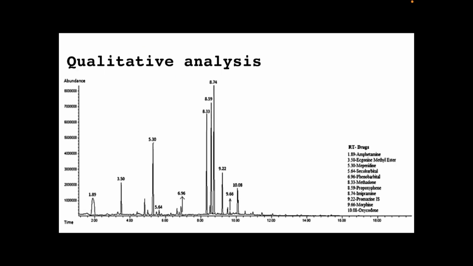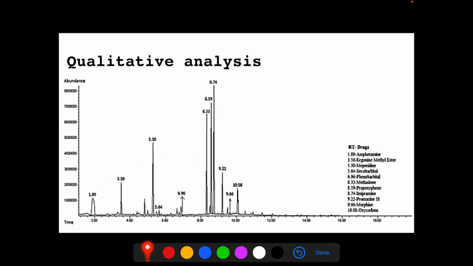Speaking of qualitative analysis, a mass spectrum will usually be presented as a vertical bar graph, just like this one. Each bar represents an ion having a specific mass to charge ratio, or what we call the m/z ratio. The length of the bar indicates the relative abundance of the ion.